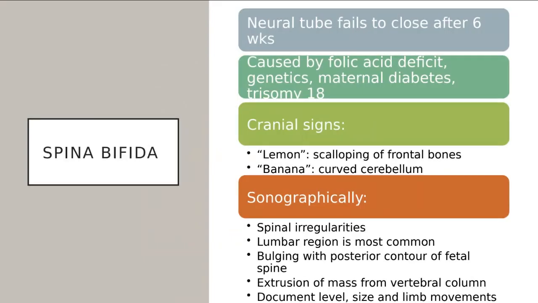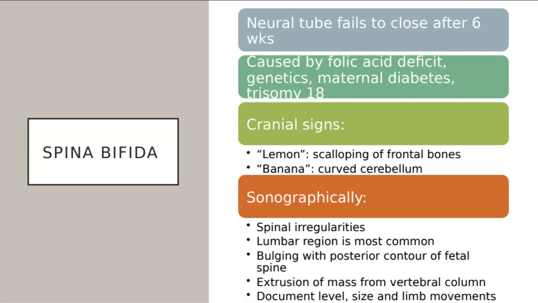Next, we have spina bifida. Now this is very important. When we are taking our sagittal spine pictures, really all of our spine pictures, it's super important in ruling out spina bifida of any type. So basically, spina bifida occurs when our neural tube fails to close after 6 weeks.